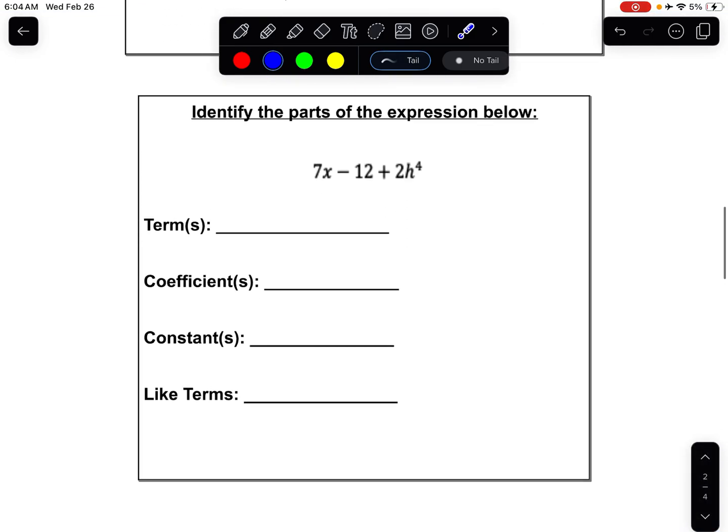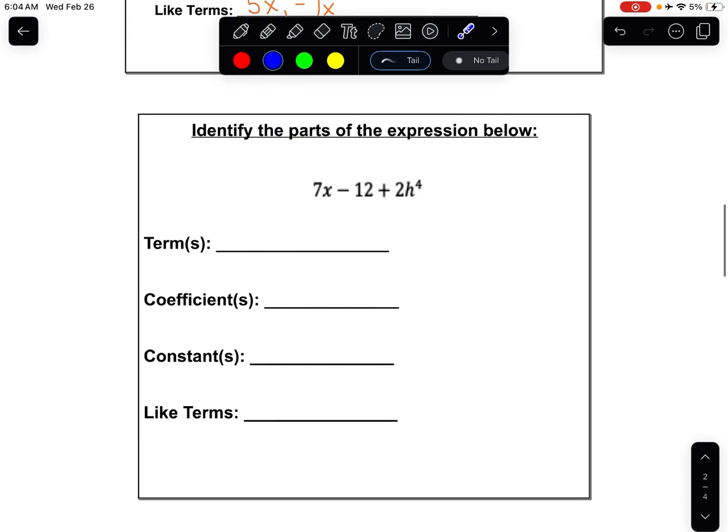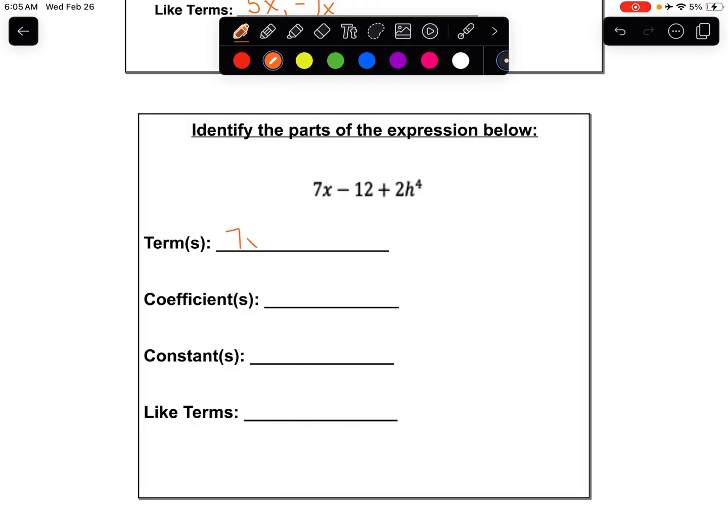All right, let's go down and try our next one. So our terms in this sentence are 7x, -12, and 2h to the 4th.